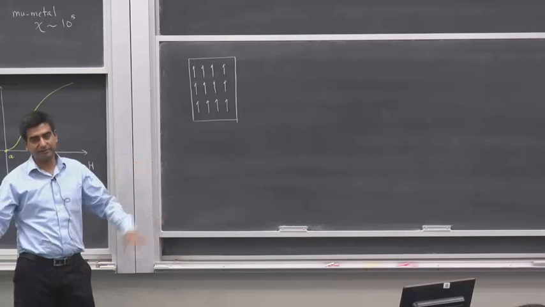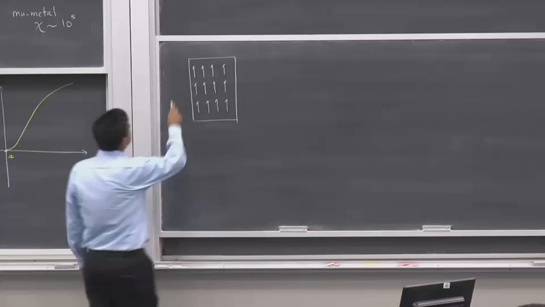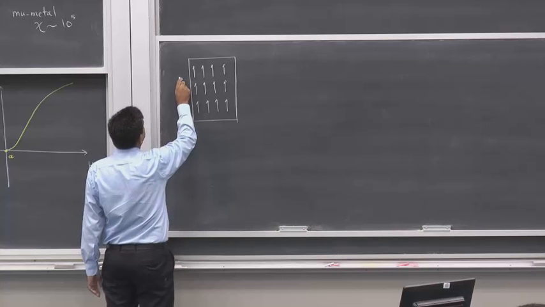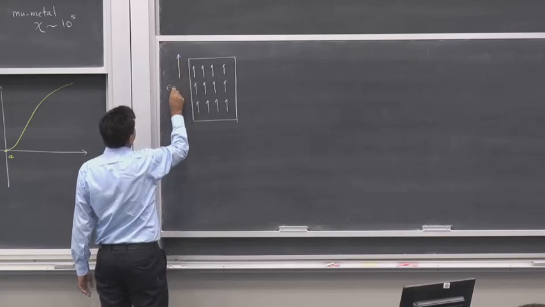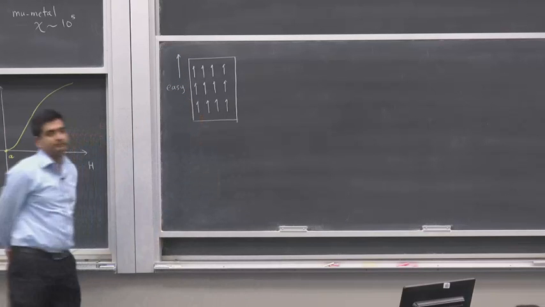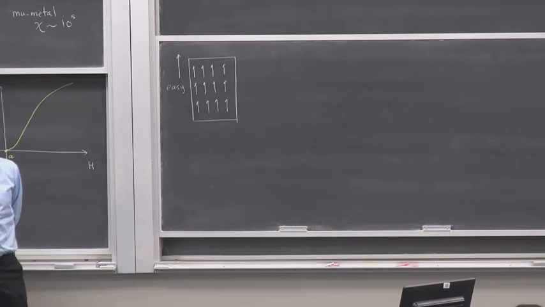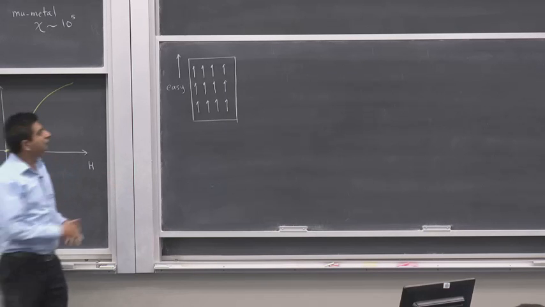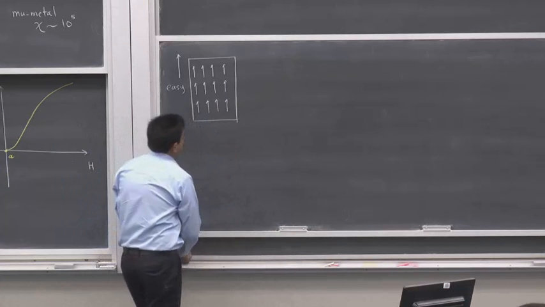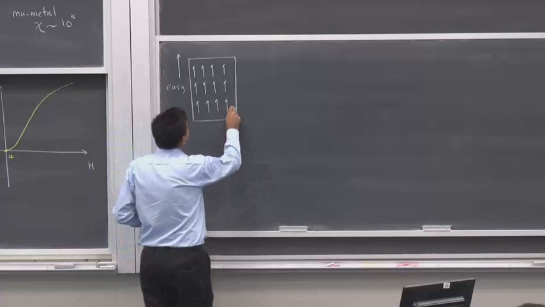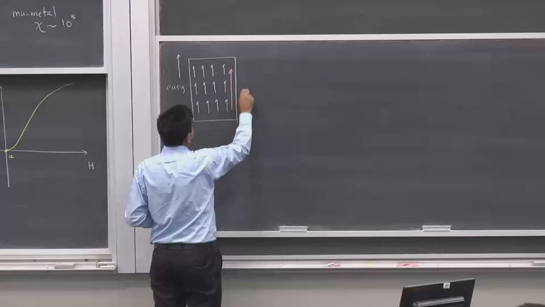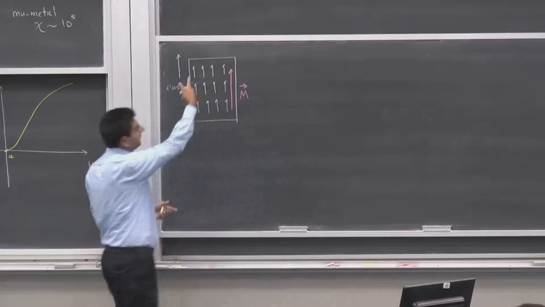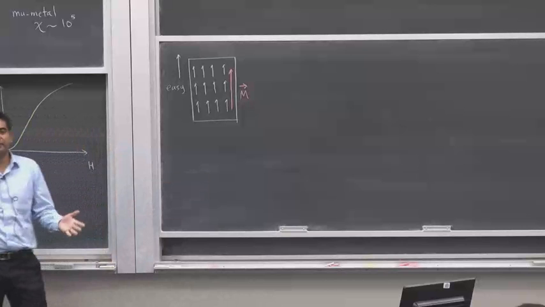Suppose this is my easy axis as well. They are all aligned and parallel with the easy axis. Since they're all aligned with one another, there will be a net magnetization of this medium, M. You just take the vector sum of all of these magnetic moments and divide by the volume to get the magnetization.